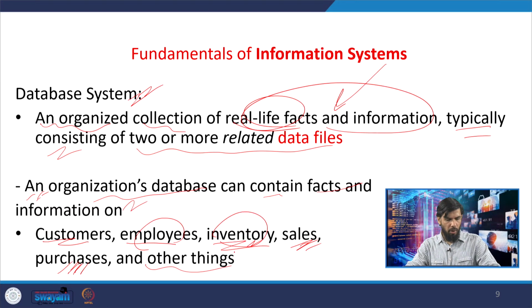Overall, an organized database will have all the things that the organization is running as part of its processes and functions. So, the database system will provide interaction with these data points, with this information, in the form of related data files.